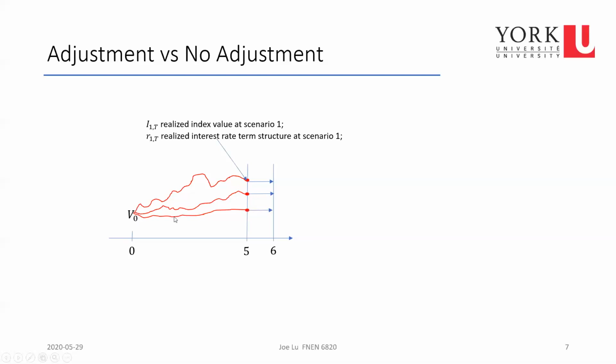Now, if you were to approach your calculation like this, you don't need to do a timing adjustment because you know the detail of what the realized interest rate will be in every single scenario at year 5.